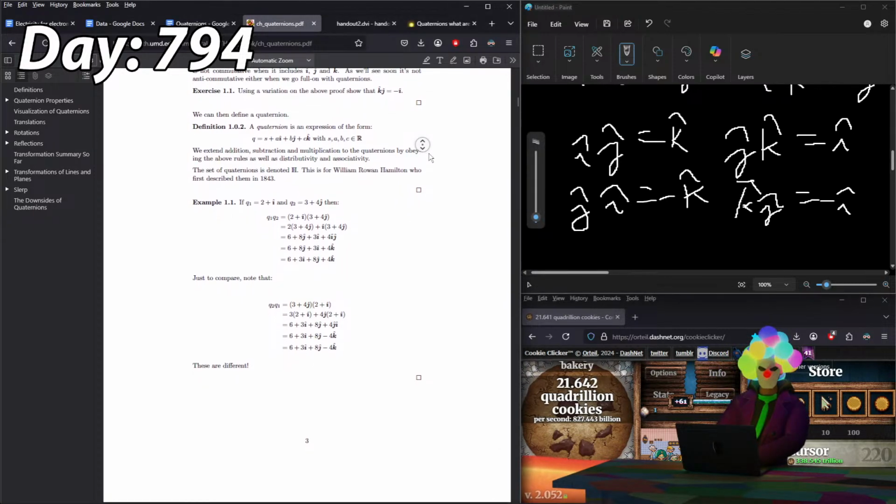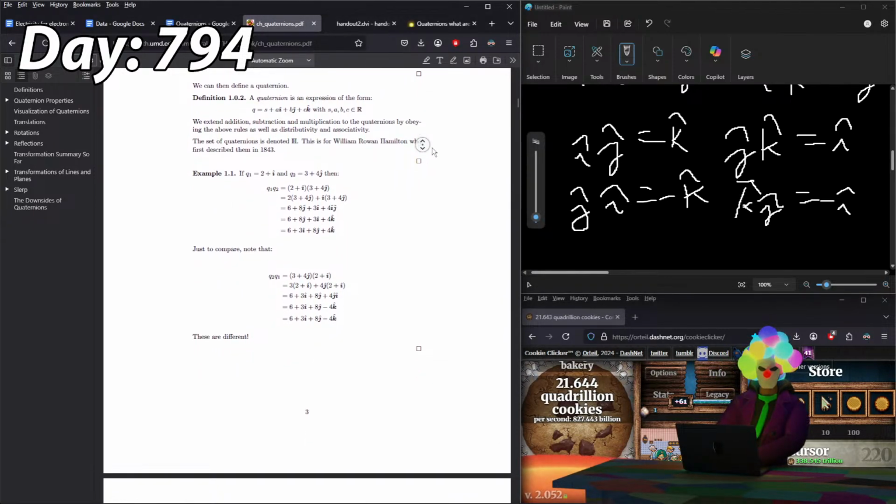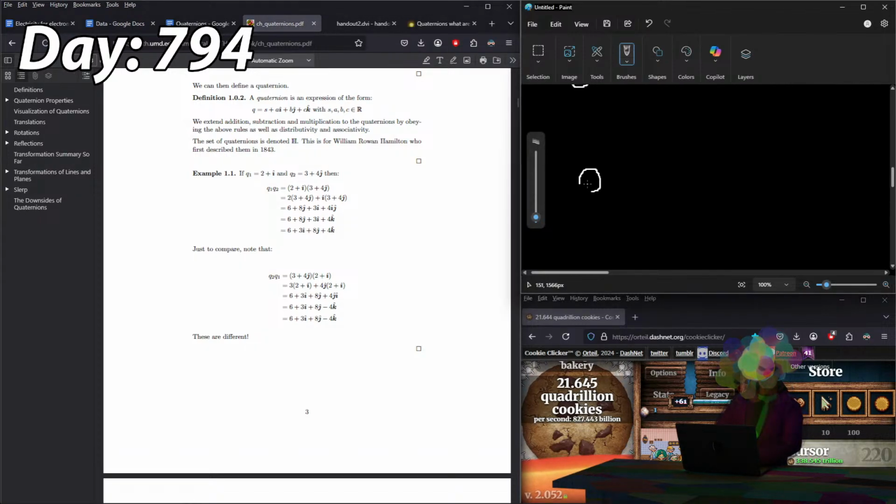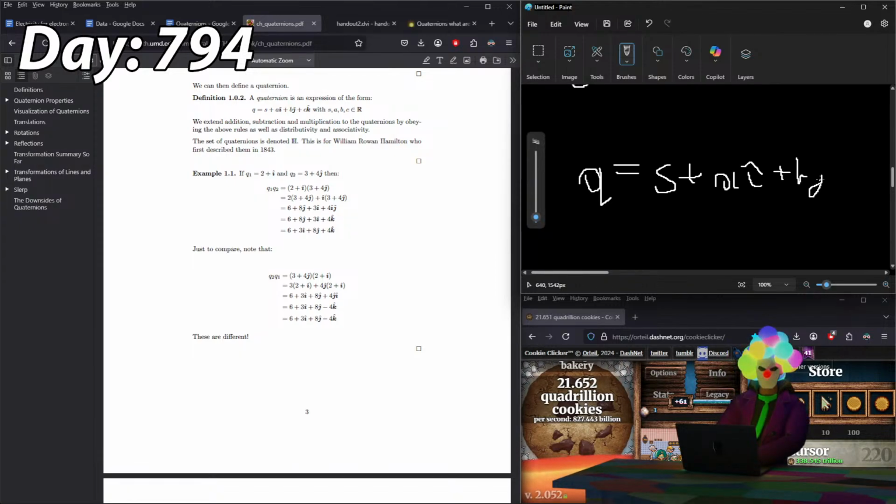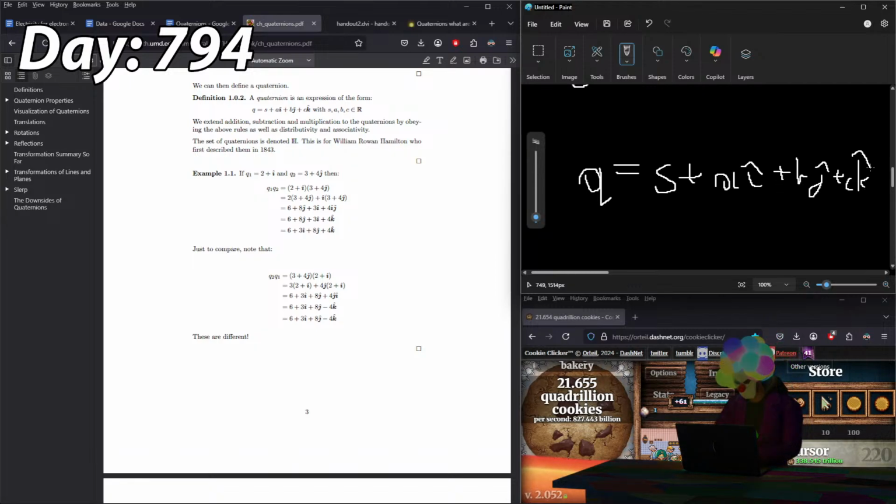You can define using quaternions. A quaternion is an expression of the form q is equal to s plus ai plus bj plus ck. Makes sense. Kind of like complex numbers.